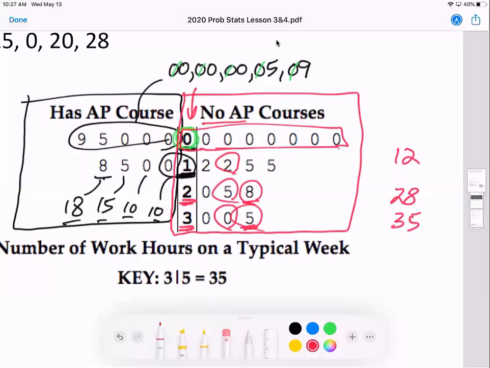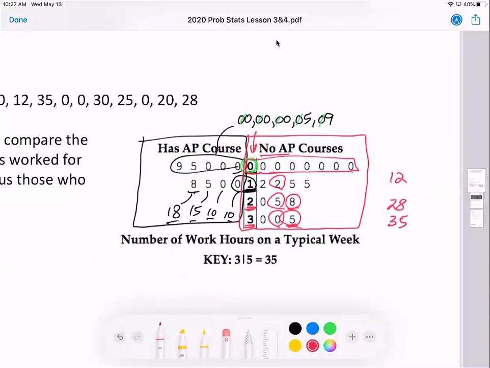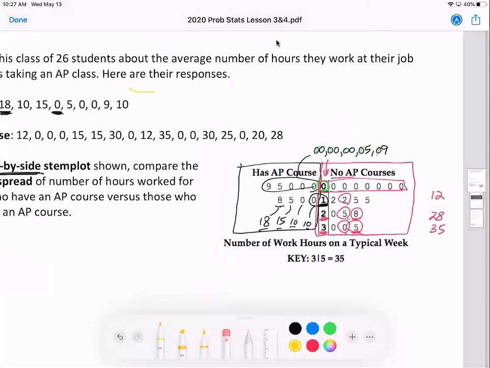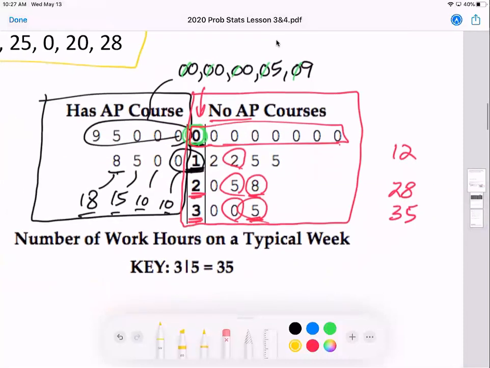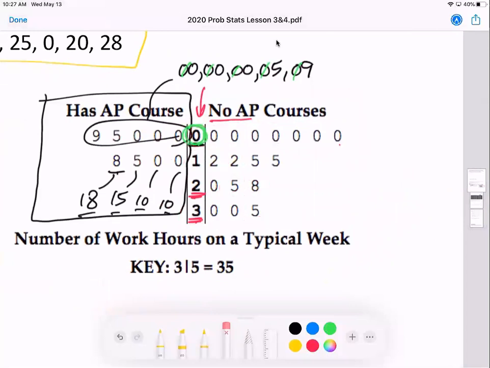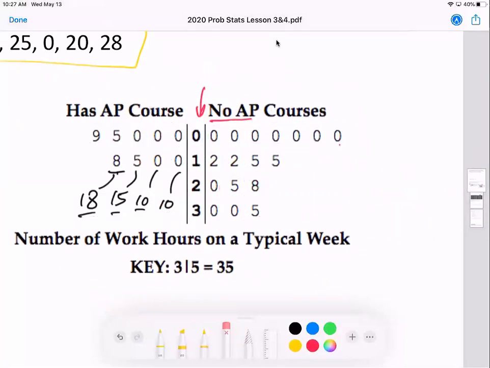But if you weren't actually told the data up at the top in this area right here, you would need to be able to interpret and read these numbers in a stem plot. Notice that in a stem plot, the numbers are put in order. So I'll just throw that out there.